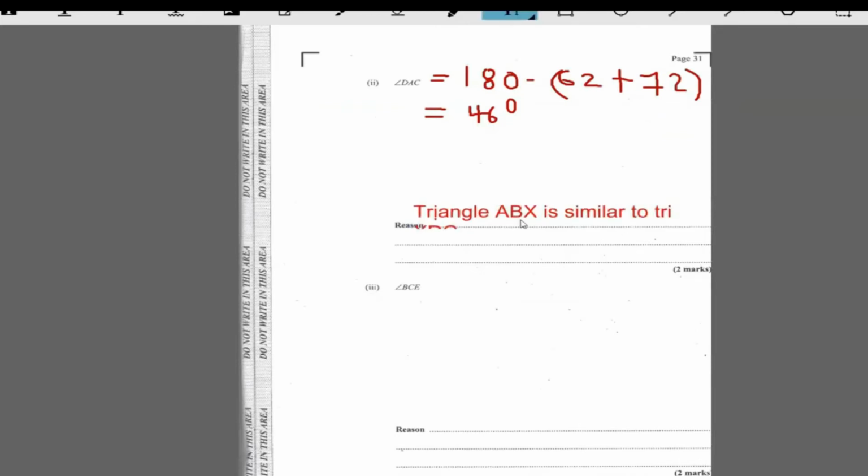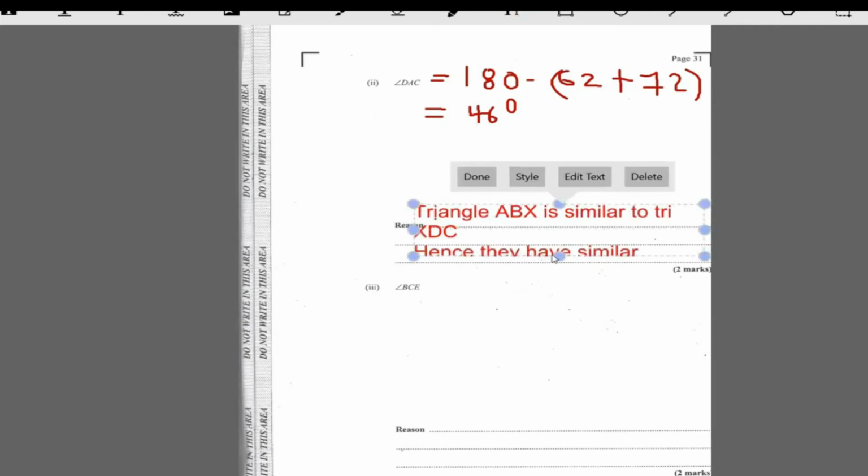All right, so because they are similar triangles, hence they have corresponding angles equal. All right, that's one way to do it. All right, nice and easy.